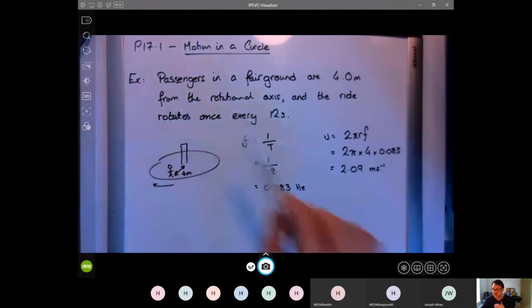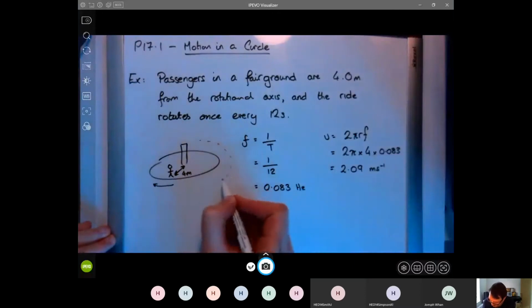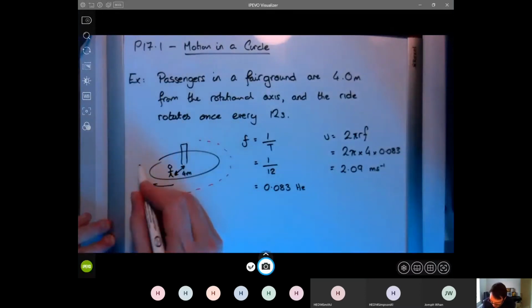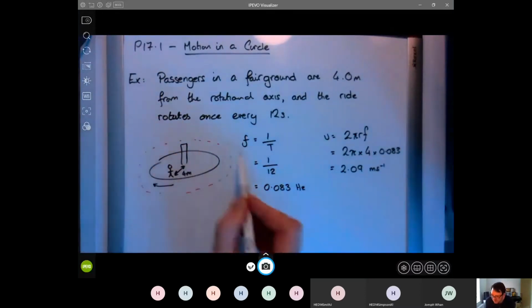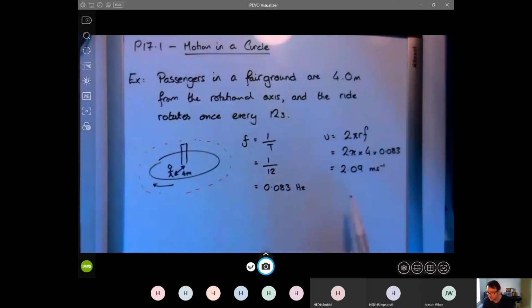So to get it rotating, because it's got a greater distance to travel, displacement to travel. So if I was to draw that, let's say 8 meters away, then my disk would look like this and my person would be further away, but the distance it has to travel going round in a circle is greater, so therefore your speed must be greater. Okay, good. I hope that makes sense.